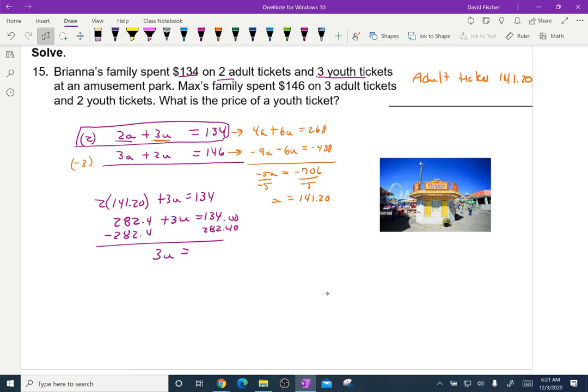Something's got to be wrong here because I'm getting a negative number here. All right, you're probably yelling at me on the other side there. 134, I bought 2 adults, 3 youths. Next one, 146, 3 adult, 2 youth tickets.